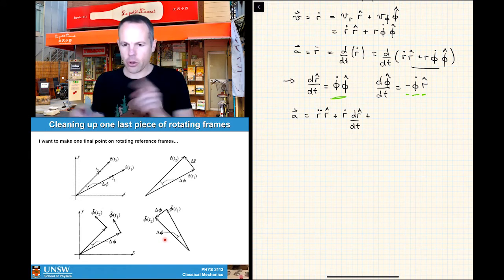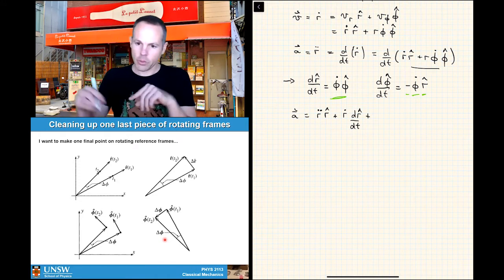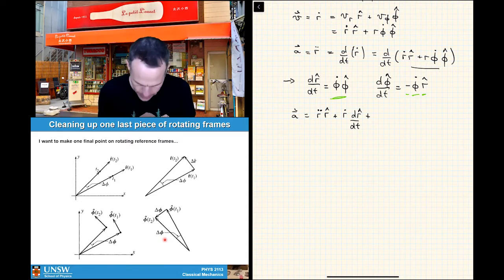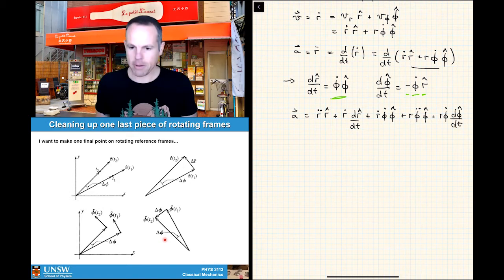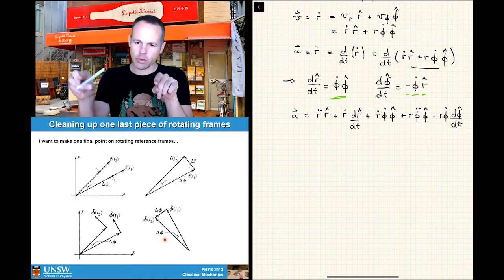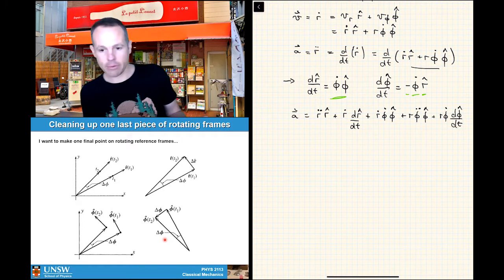And then for the term on the end, there's 3 terms in the product, so we got 3 terms that pop out of this, okay? So we're going to have r dot phi hat, so that's taking the derivative of the first one, plus r phi double dot phi hat, plus r phi dot d phi hat on dt. Okay, so derivative of the first, derivative of the second, derivative of the third, all up we get 5 terms.